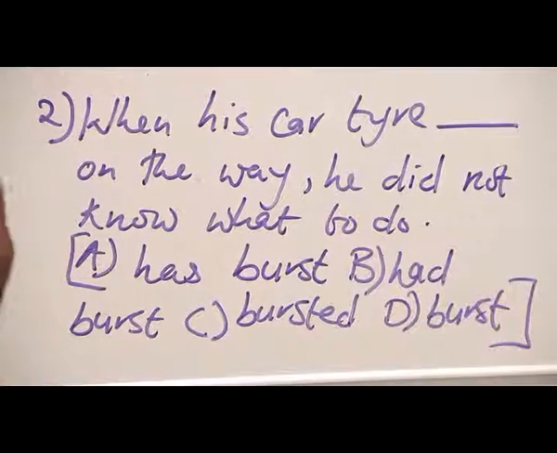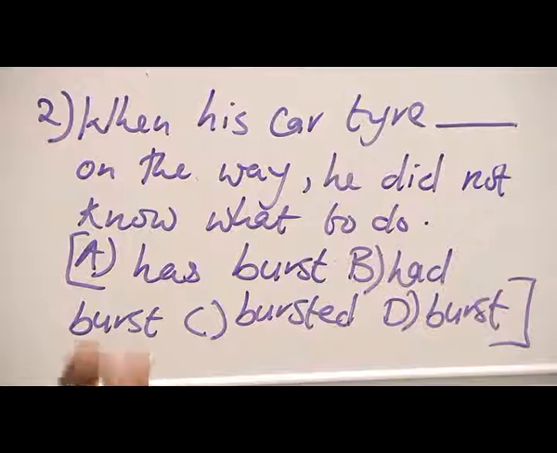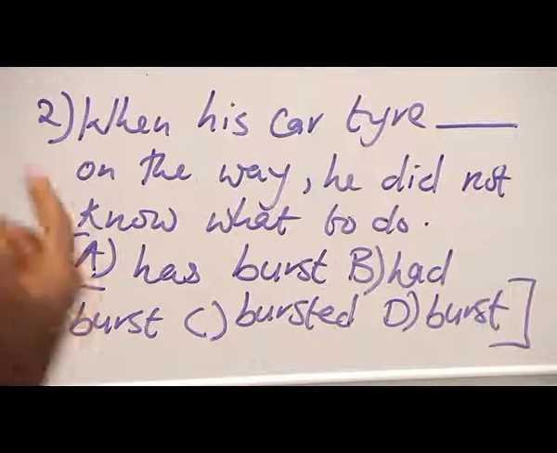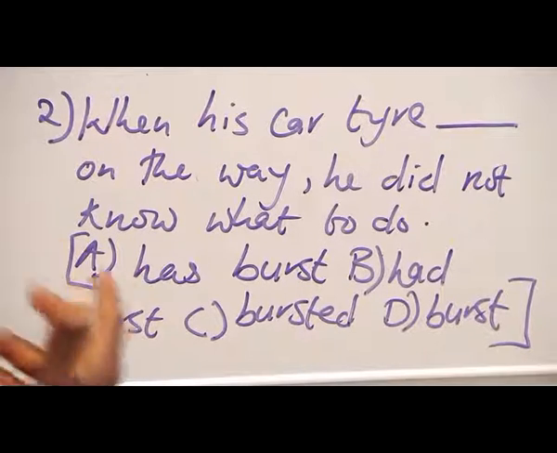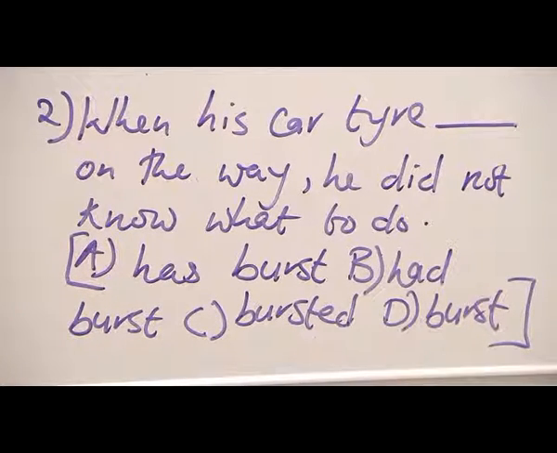When his car tire had burst on the way, he did not know what to do. And then C, bursted. When his car tire bursted on the way, he did not know what to do. And then we'll have D, when his car tire burst on the way, he did not know what to do.